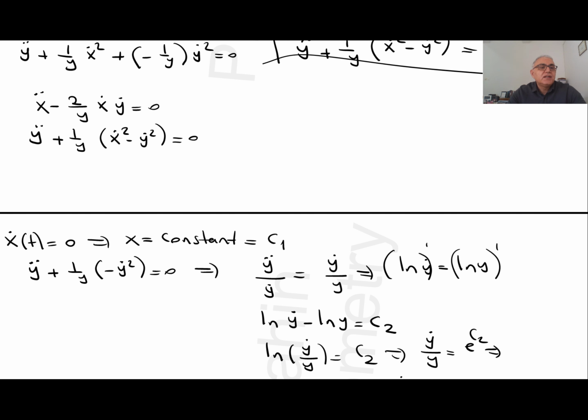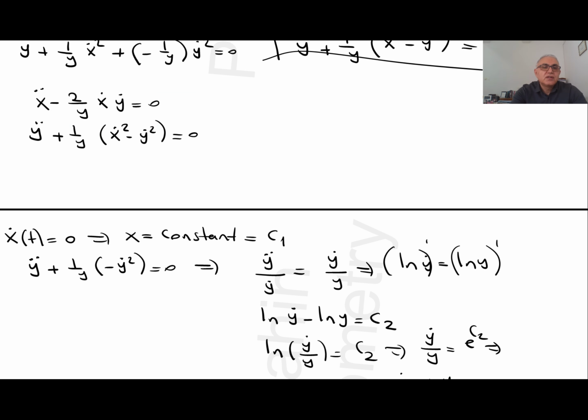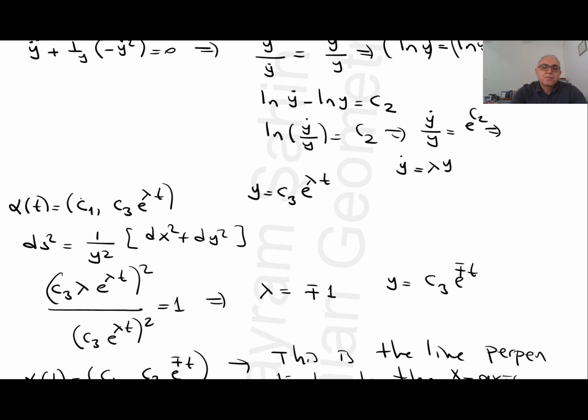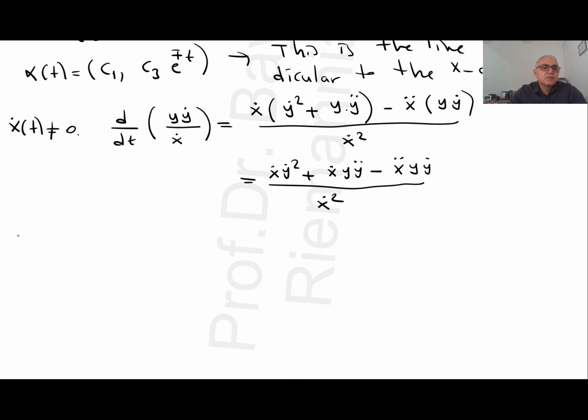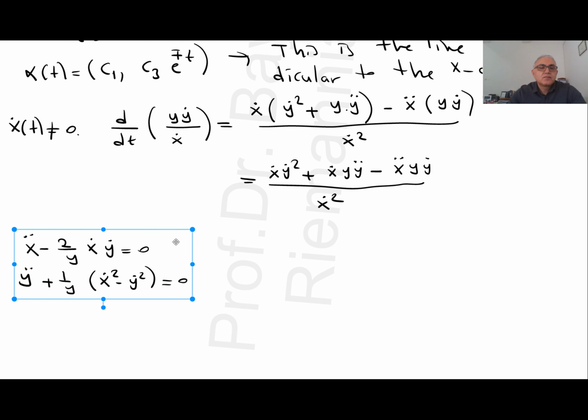So if you look at here, from these equations, by using the first equation, we have x double dot y equals 2 times x dot y dot.